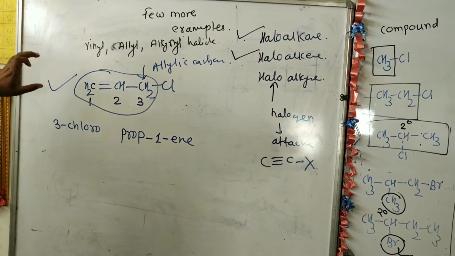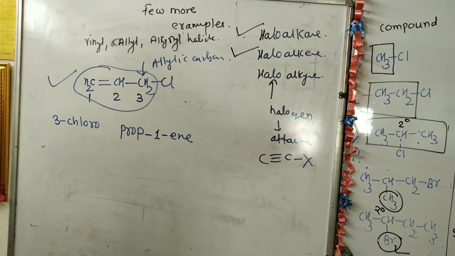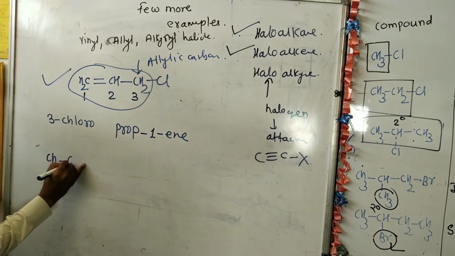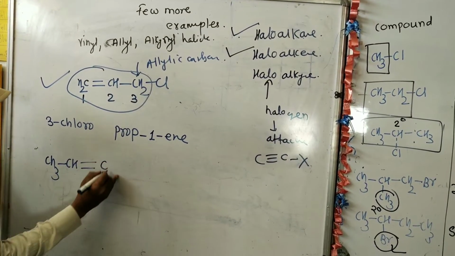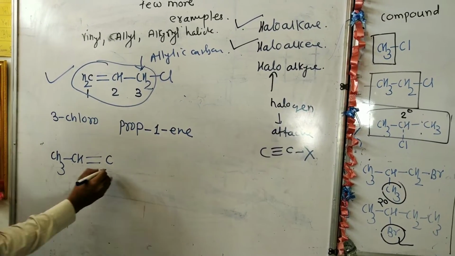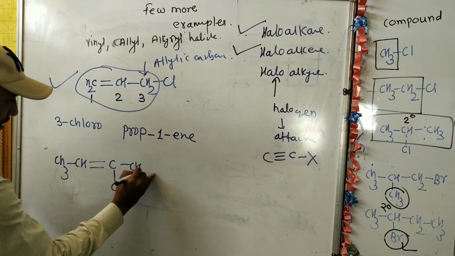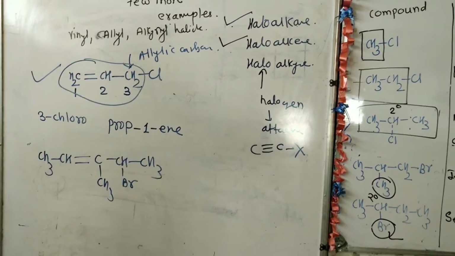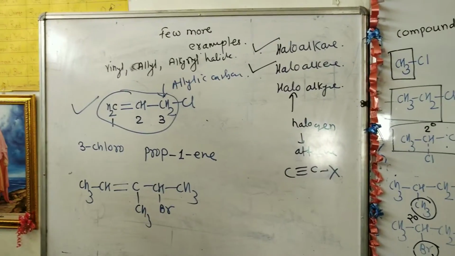Let us take such type of example again. I will provide the example: CH3 CH double bond C, CH3 CH Br CH3. Look at this example.